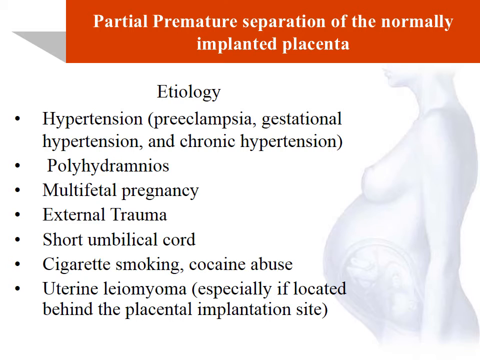Those include hypertension due to preeclampsia, gestational hypertension, or chronic hypertension. Previous abruption carries the highest risk of abruption in current pregnancy. Multiple pregnancy. Trauma. Threatened miscarriage early in current pregnancy. Multiparity. Previous cesarean section. Smoking and cocaine abuse. Thrombophilia. Intrauterine infection and polyhydramnios.